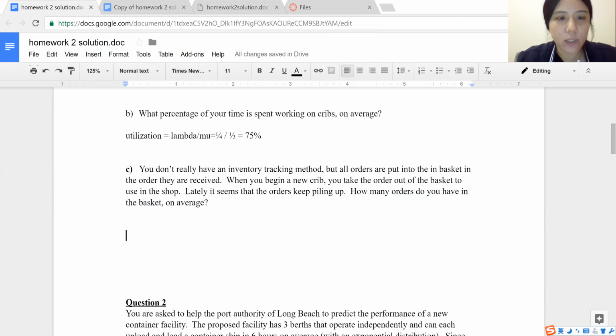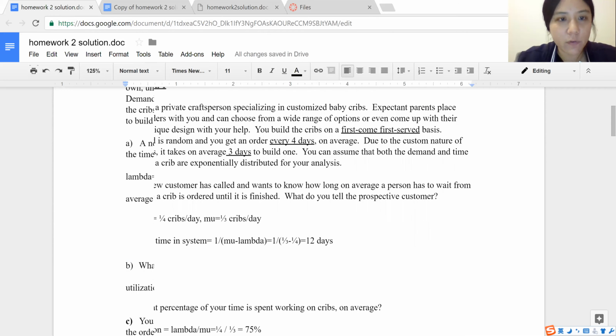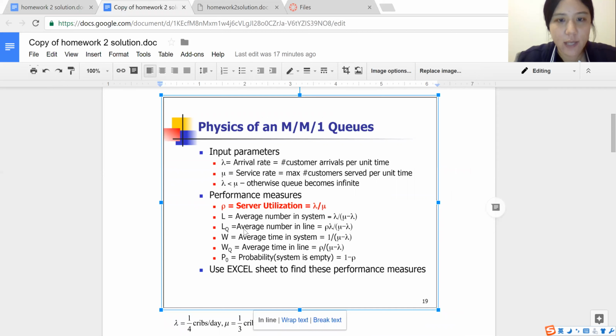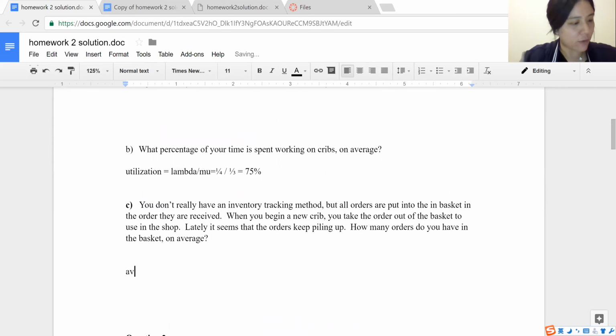So it's the queue length. How to calculate the queue length? We can use the formula from here. Queue length, the average number in line, equals rho, the utilization, times lambda over mu minus lambda.